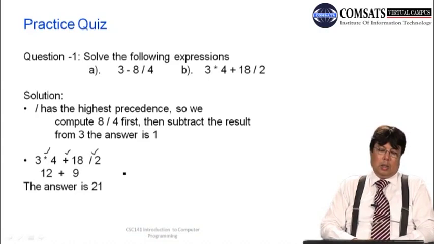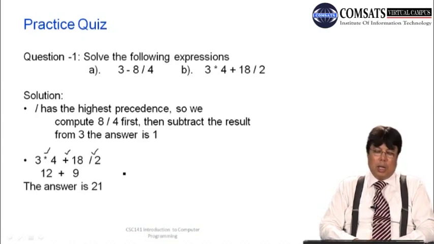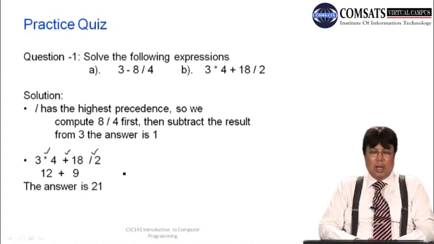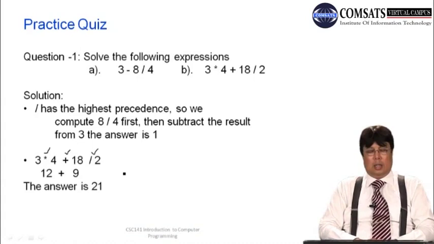Next, should we add 12 with 18 or should we perform 18 divided by 2 first? Since between plus and slash the winner is slash, which has higher precedence over plus, it will be executed first. So 18 divided by 2, the answer is 9. And then you can add 12 plus 9, the answer is 21.